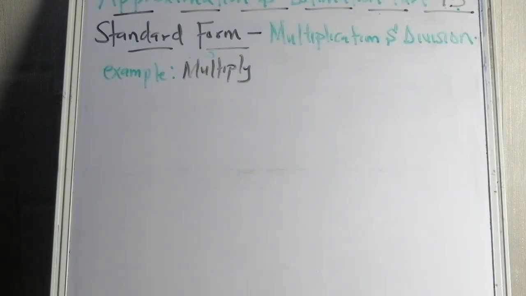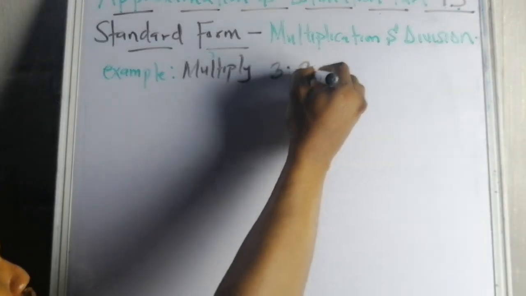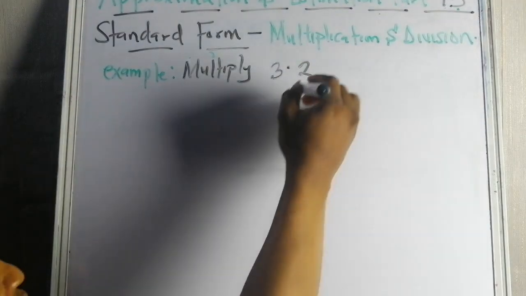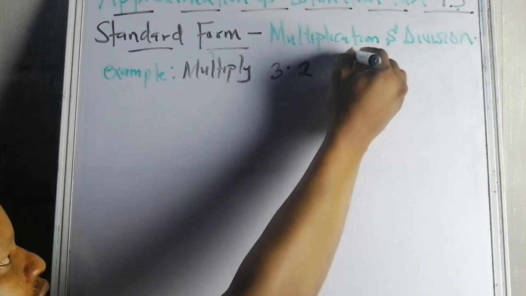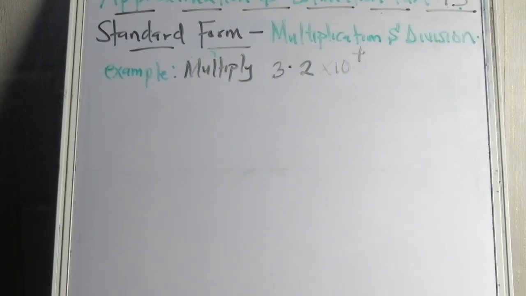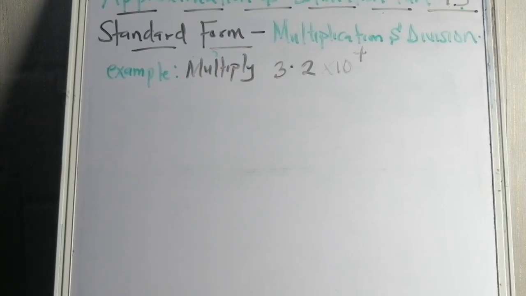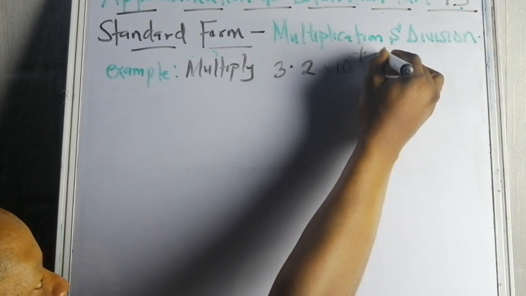And what do I use now? Let me just say 3.2 times 10 raised to power 4. Then what other value can we use right now?